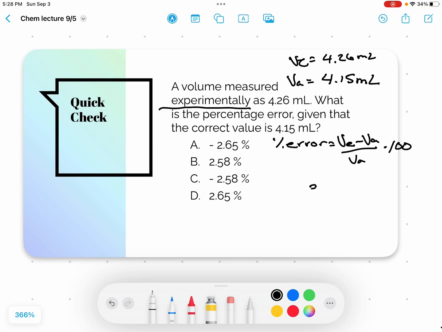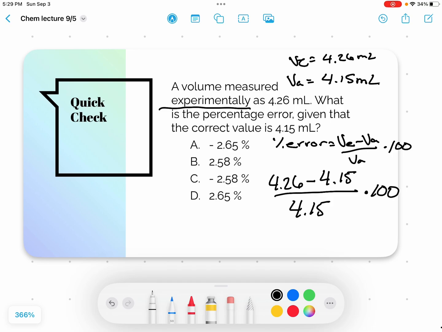So I have my VE, I have my VA, now I can plug it in. I'm going to take 4.26 minus my actual 4.15 divided by 4.15 times 100.